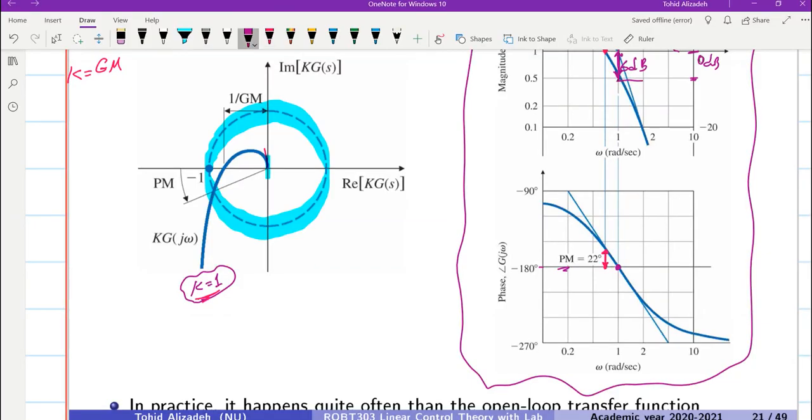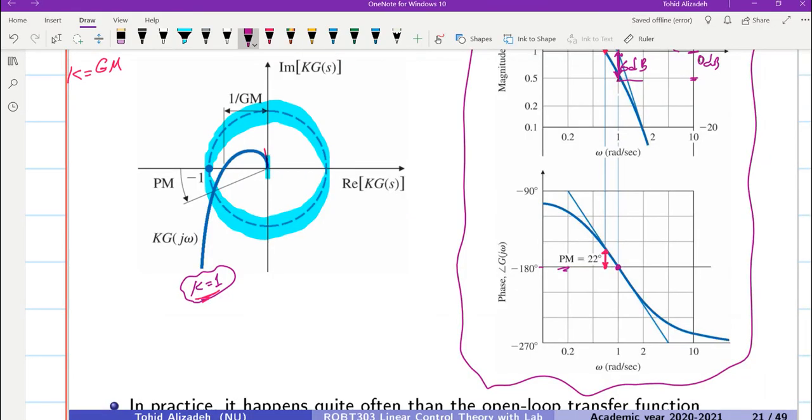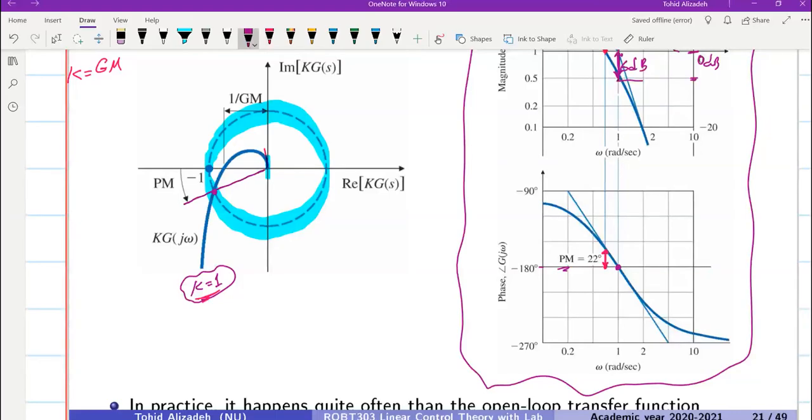And then the phase margin that we are going to find will be obtained by finding the phase difference between the point in which the amplitude becomes equal to 1, finding the phase over there, and the difference between that point and the horizontal line that we have here will give us the phase margin.